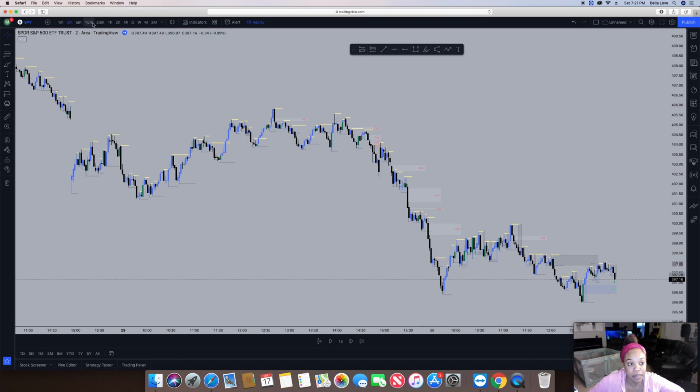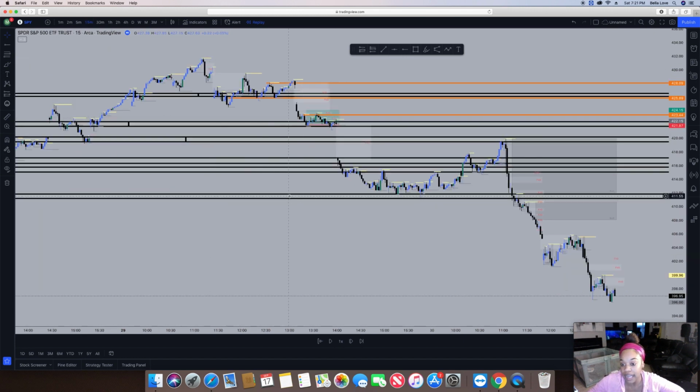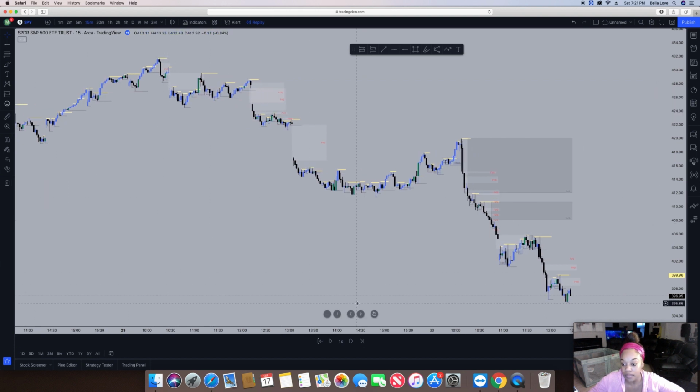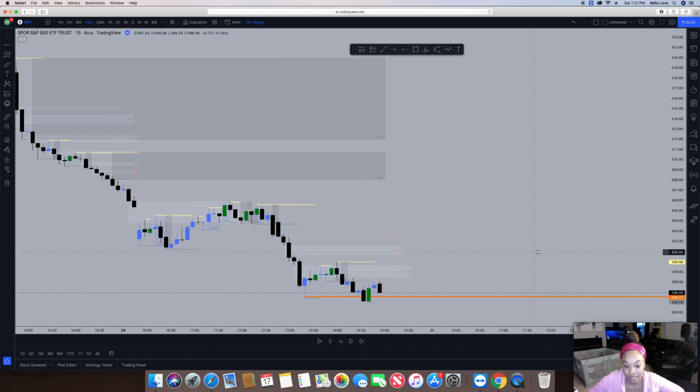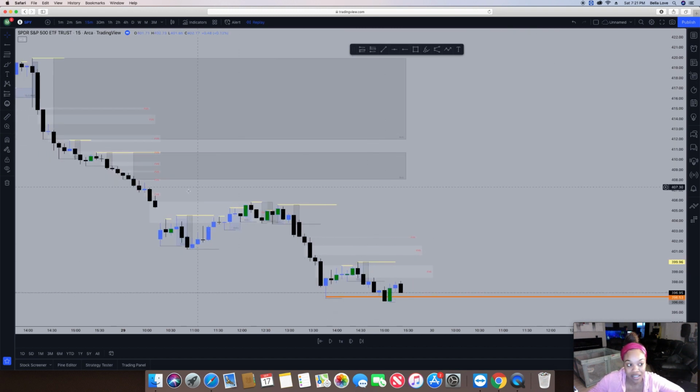So going to the 15-minute chart, let's just say if this was like a quick scout. Let me just clear my charts real quick. So you guys will see here, this was a support level. Zooming in on a 15-minute chart.